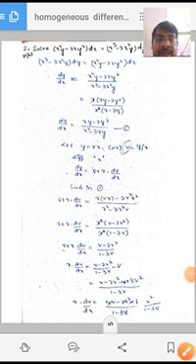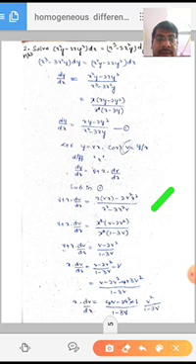v plus x dv by dx is equal to x times vx minus 2v square x square by x square minus 3x square v. Here x square is common, we simplify it and get this: x dv by dx is equal to v minus 2v square by 1 minus 3v, minus v.